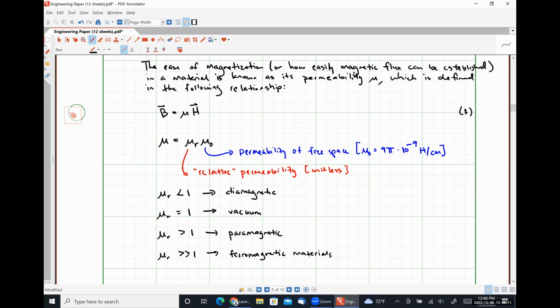So we're going to see that paramagnetic materials have permeabilities in the tens, and ferromagnetic materials have permeabilities in the hundreds to thousands of mu naughts.